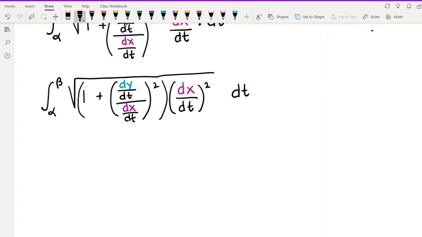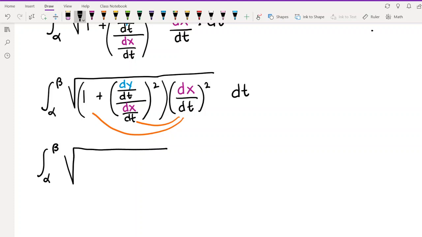So what happens when we multiply both of these things by dx dt squared? We're multiplying this and this, right? Those are the two things that are getting multiplied with dx dt squared. And so the one part is just going to become dx dt squared. And what's going to happen with the second part?